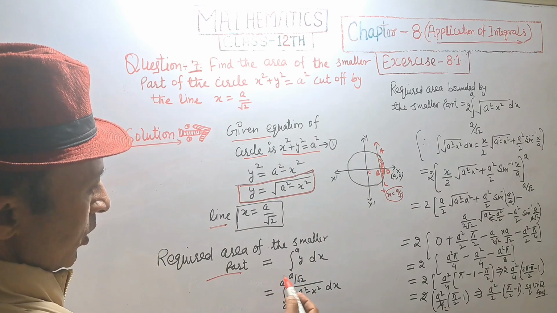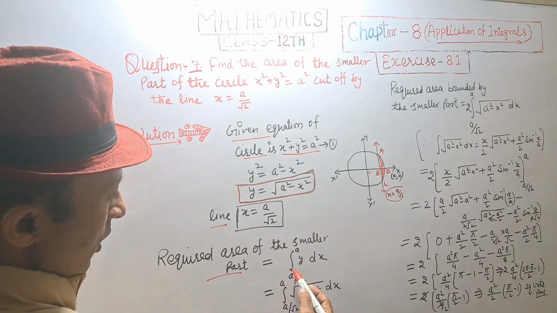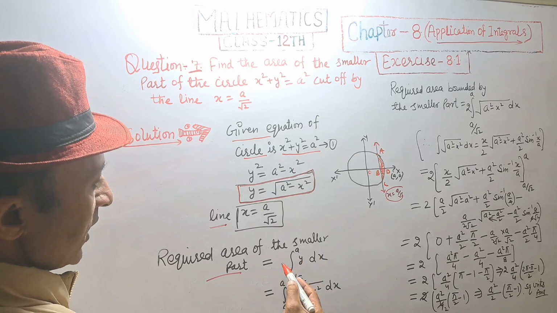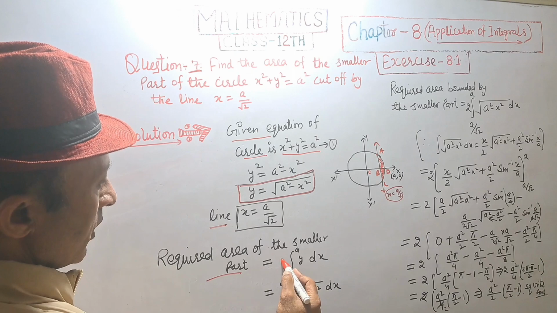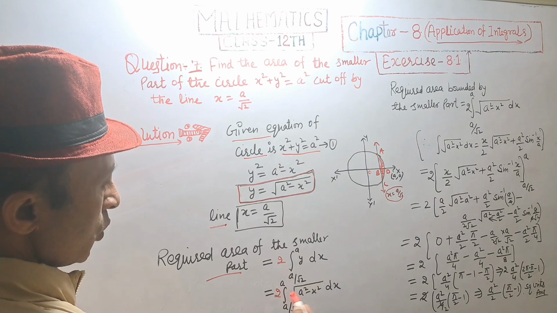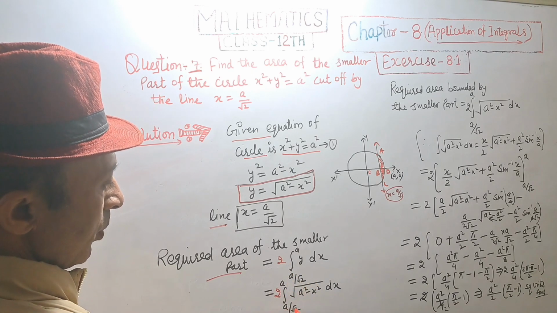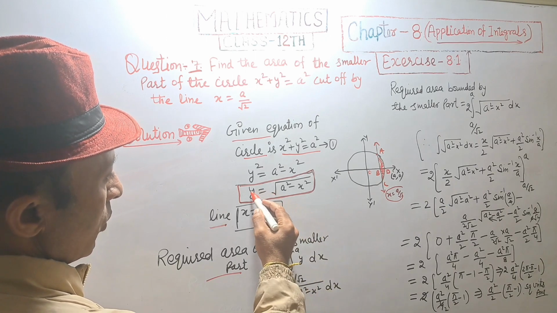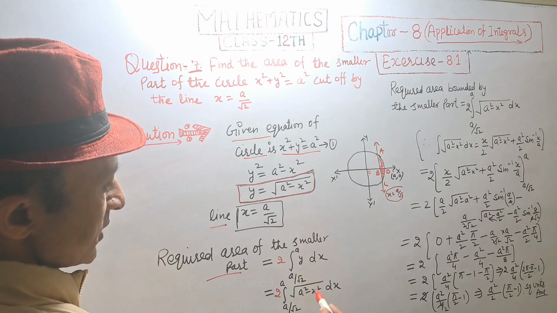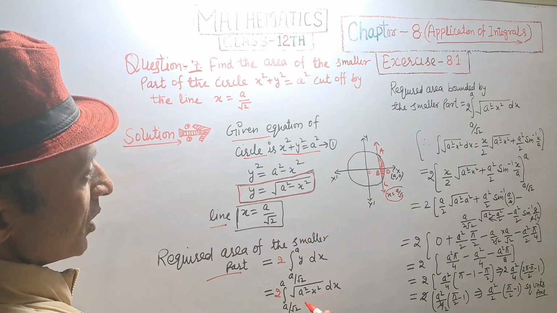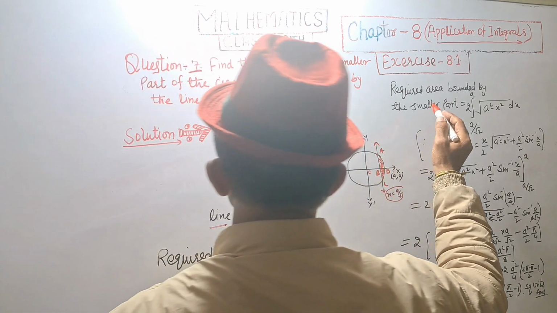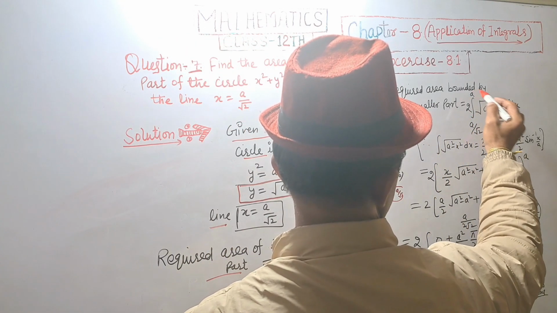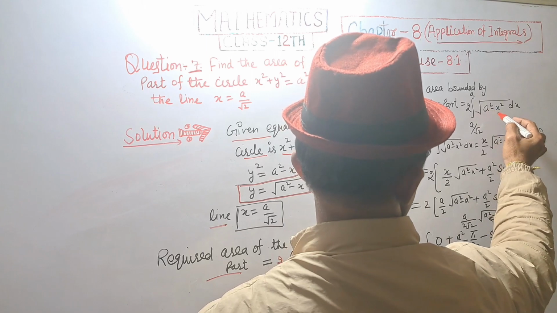So area is equal to a upon root 2 to a y dx, that is 2 times a upon root 2 to a, and y is equal to root a square minus x square dx. So required area bounded by the smaller part is equal to 2 into a upon root 2 to a and integration of root a square minus x square.